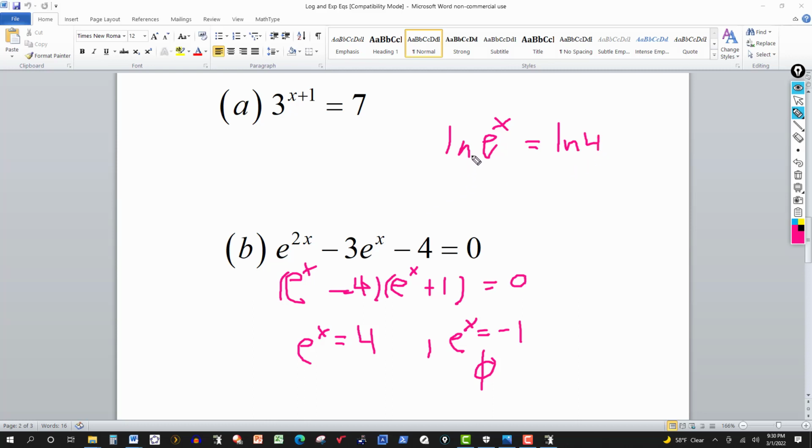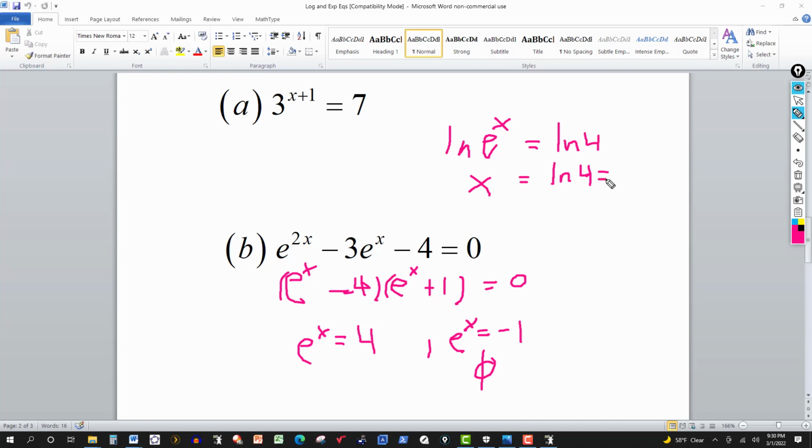Because this base right here is e, we're asking e to what power is e to the x? Well, it's x. So anytime you have ln of e to an exponent, it's going to be whatever the exponent is. So the exact answer to this one is x equals ln of 4.